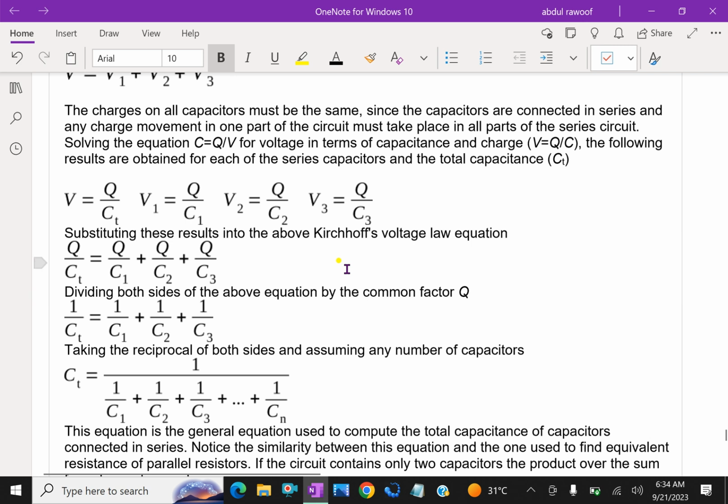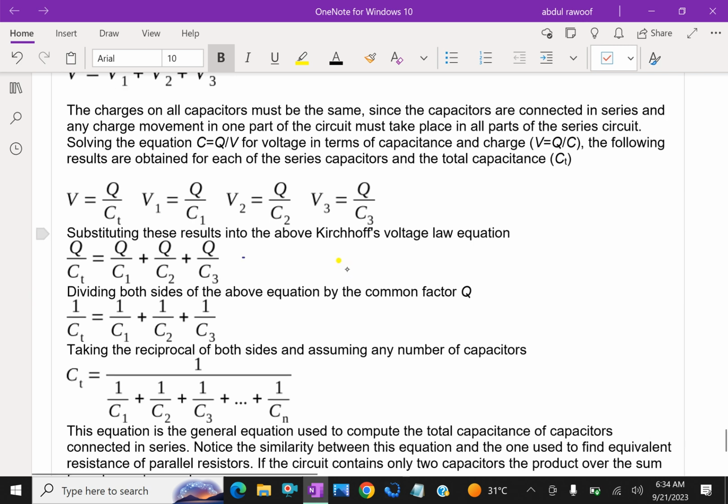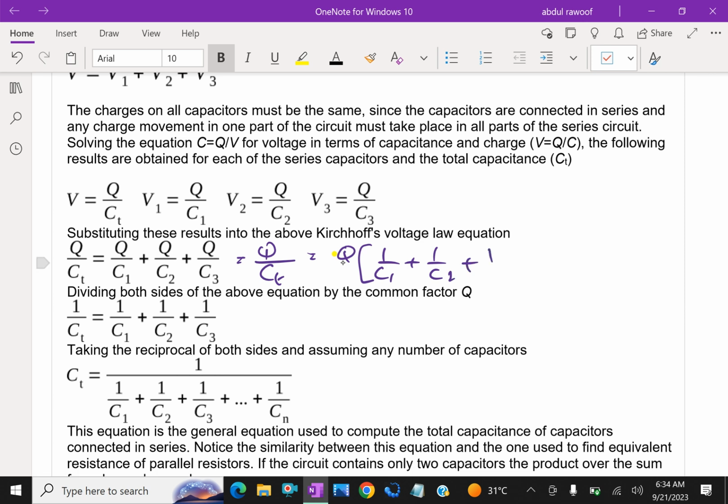Take Q common: Q over CT equals Q times 1 over C1 plus 1 over C2 plus 1 over C3.